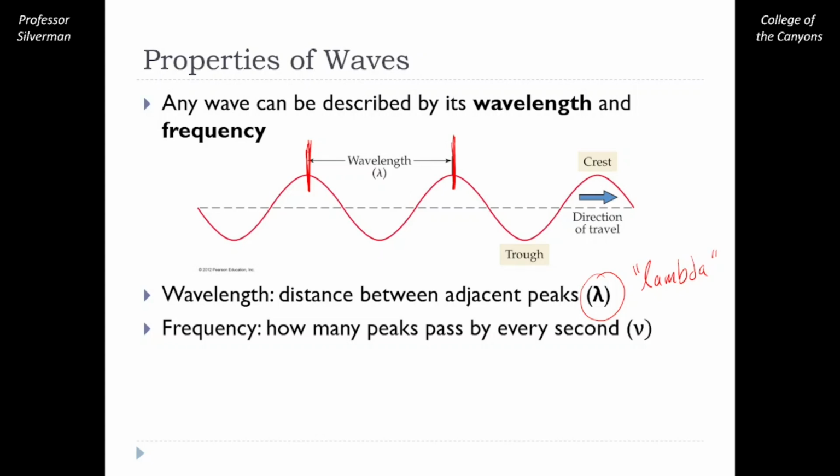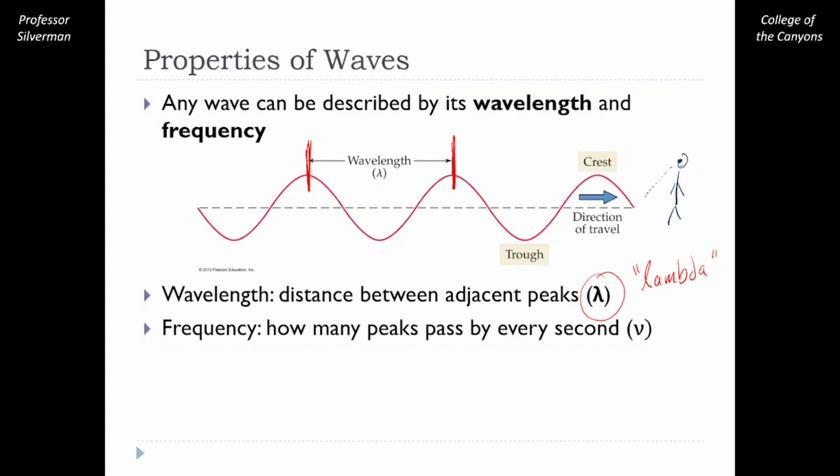The other main property of waves is the frequency. This is a measurement of how many waves pass by as you watch it over the course of 1 second. Imagine that you're standing here watching as this wave zips on by at the speed of light. We want to count how many of those waves are able to pass by every second that we're standing there.